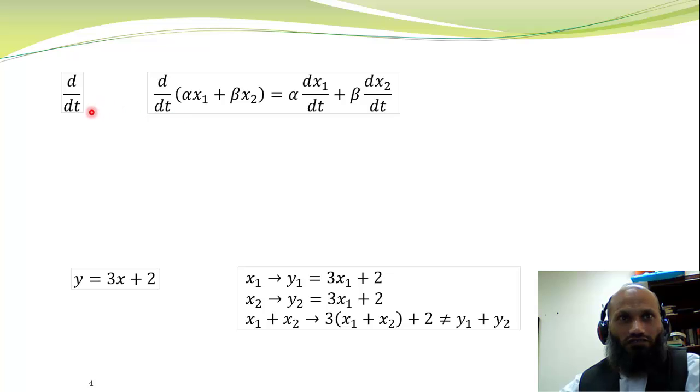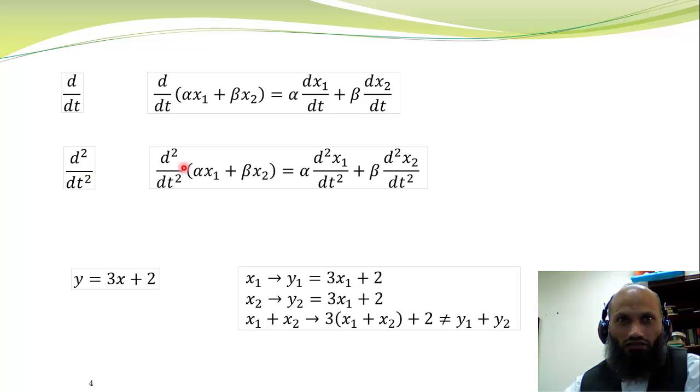So for this operator, superposition theorem is satisfied, therefore this is a linear operator. What about this operator? Similar discussion can be carried out for this operator, and we can see that again superposition theorem is satisfied for this operator. Therefore this is a linear operator.